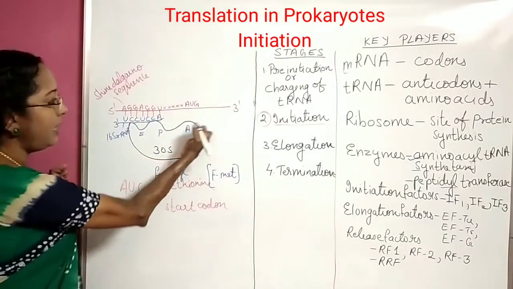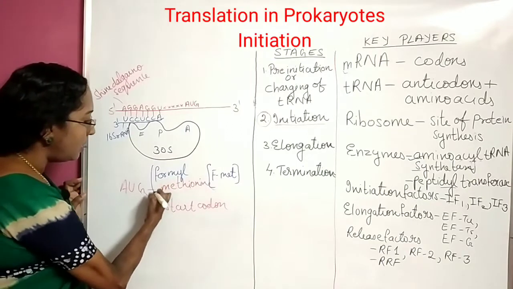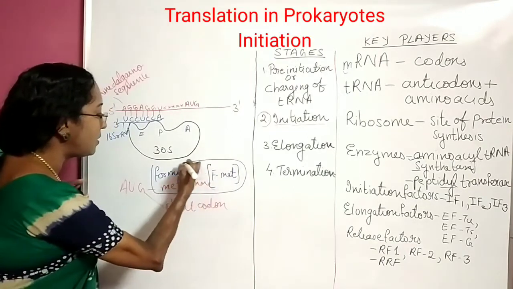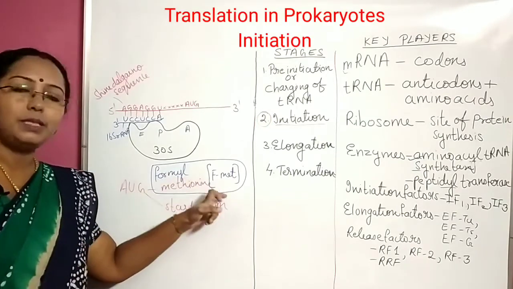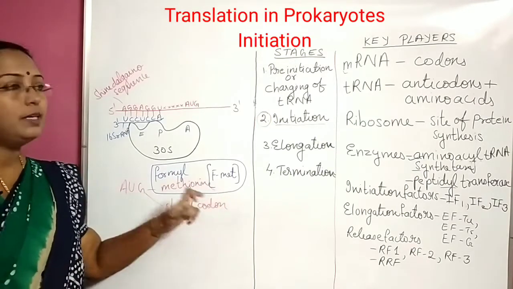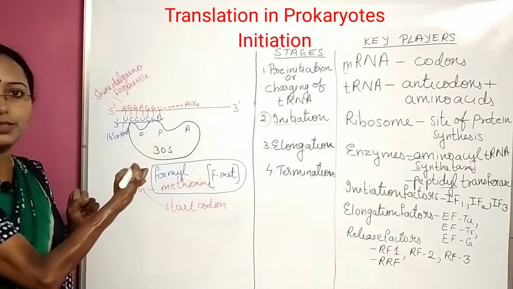This is the entry site, the acceptor site. But as I have told you, the first tRNA is coming not with methionine, but with formyl methionine. So the first tRNA will not sit here in the acceptor region.